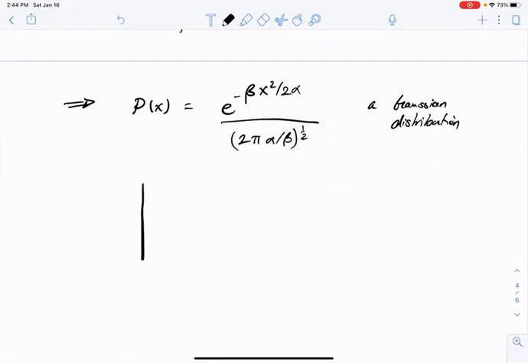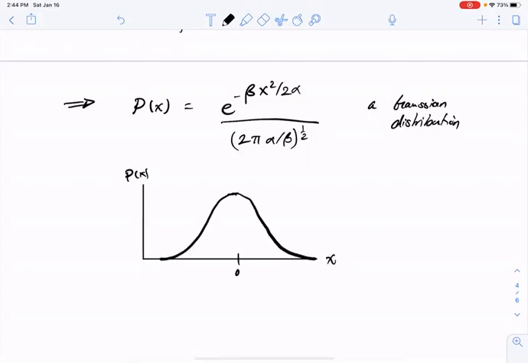If we were to plot that, in this case, x has a maximum at 0. It's most likely to be at its equilibrium position. It exponentially decays with initial quadratic curvature, and a Gaussian distribution has some finite width, which in this case is given by the square root of that inverse spring constant divided by beta.